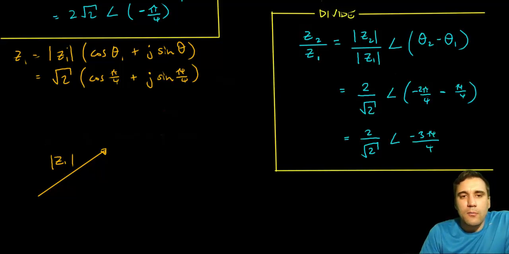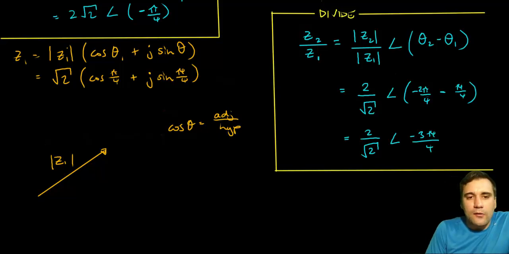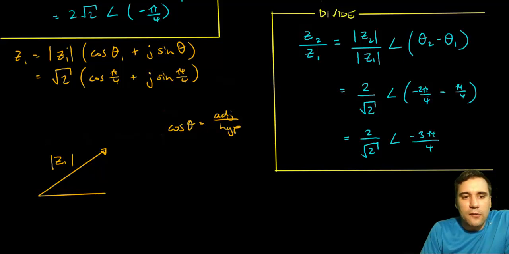So if we then multiply that by cosine pi on 4, and remembering that cosine of an angle is equal to adjacent over hypotenuse, then what we're saying is that, well, it is this side adjacent, right, which is the real component, divided by the hypotenuse.